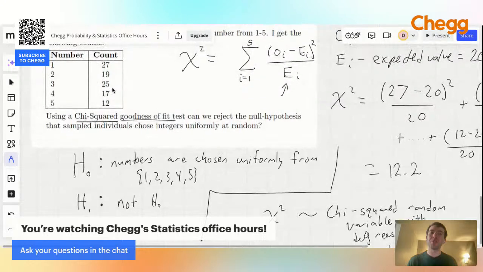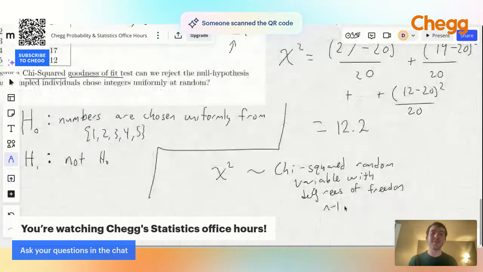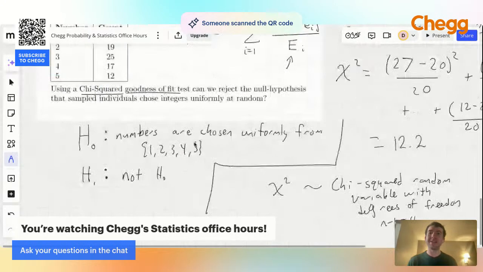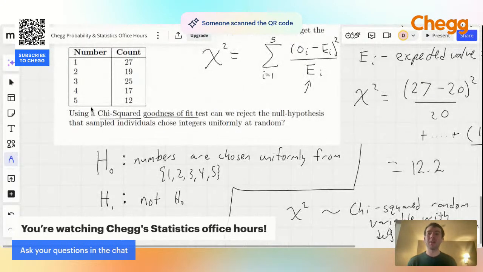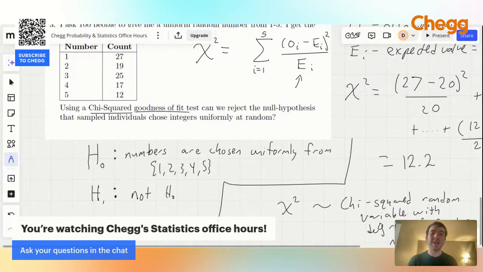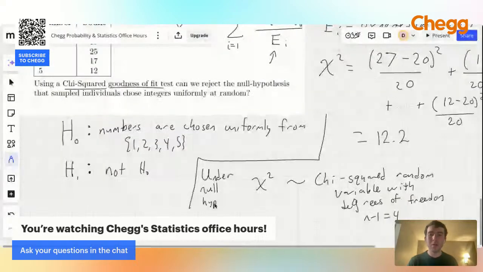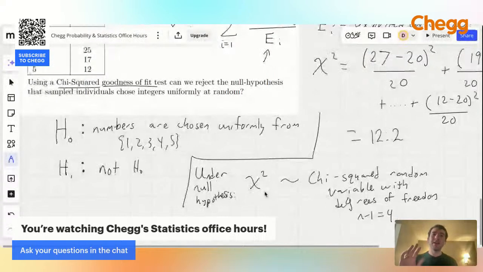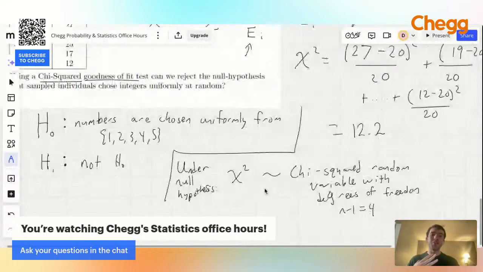It refers to the number of baskets. So here the degrees of freedom is actually 4. It's the number of baskets that we can put the counts in. So that's just a small point here. And this is under the null hypothesis. Under the null hypothesis, this statistic is a random variable that follows this distribution.